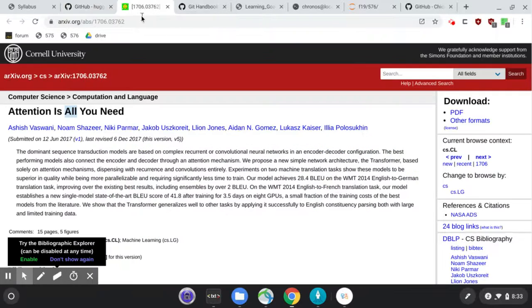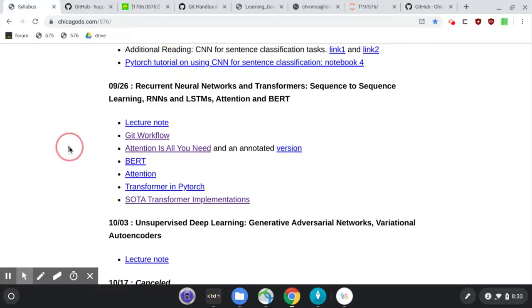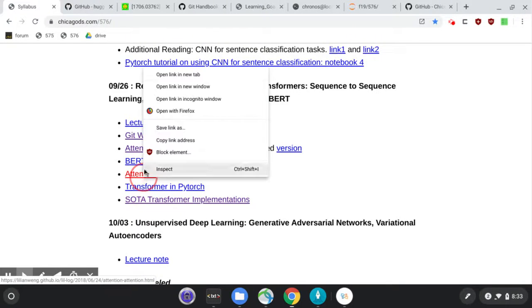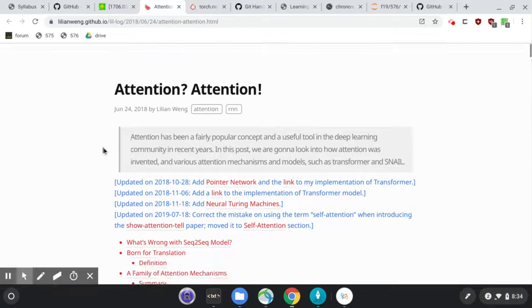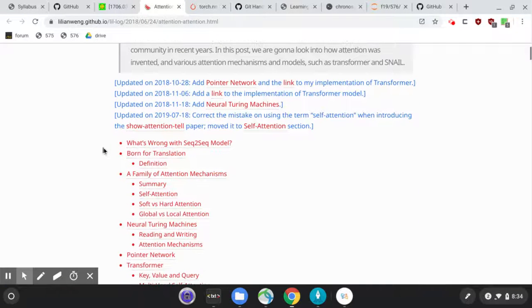Let's see what else there was. Yes, this blog post you can look at. Actually, let's open it, and let's also open this. This blog post starts with what's wrong with the encoder decoder architecture, and goes into the details of what attention is and different types of attention.